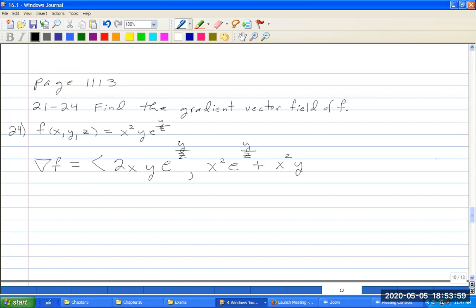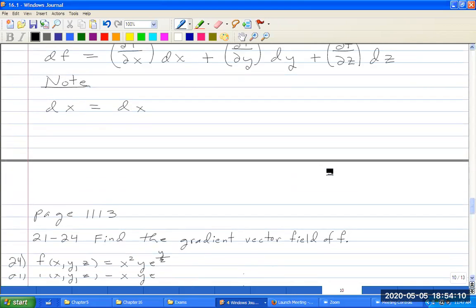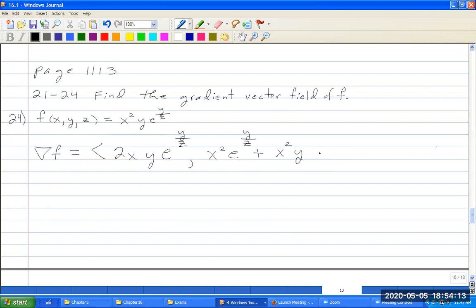The derivative of e to any exponent is e to the y over z times the derivative of the exponent. Well, the derivative of y divided by the constant z is just 1 over z, dividing by the constant z.